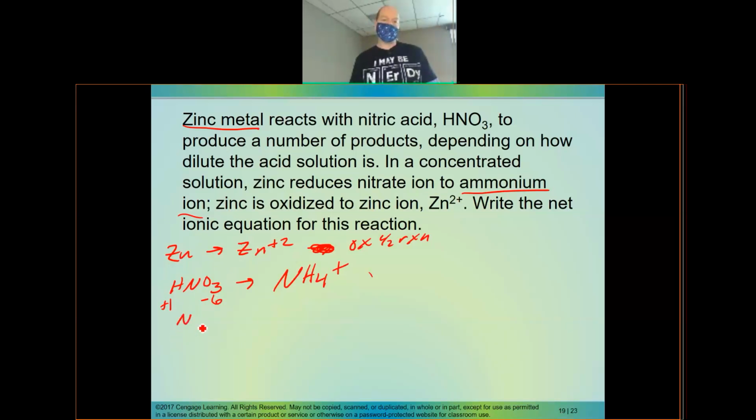Your nitrogen is a plus 5. All right, nitrogen is not a metal. The only time H is minus 1 is if it has a metal first. Nitrogen is a non-metal, so these H's are all plus. So this is plus 1 each, so this is a plus 4. Overall, it's a plus. So this nitrogen on this side has to be a negative 3. So 4 minus 3 is 1.